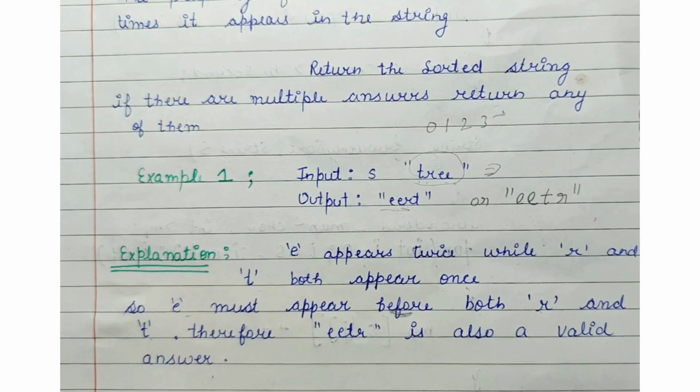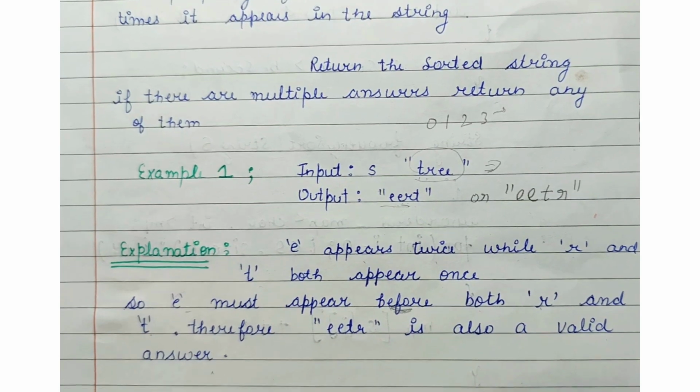It means we have to sort the characters in decreasing order. The character which has higher frequency will come first. After that the less frequent character will come, then the next less frequent, and so on.